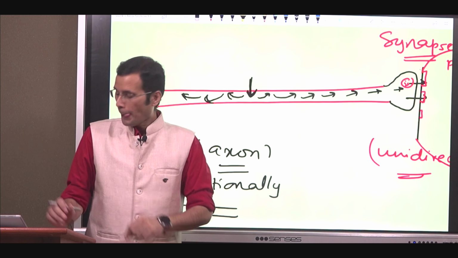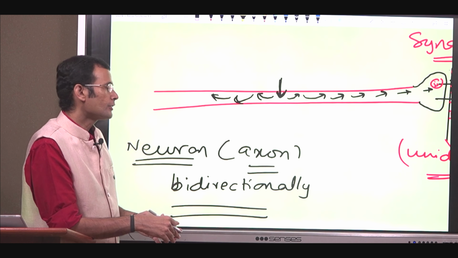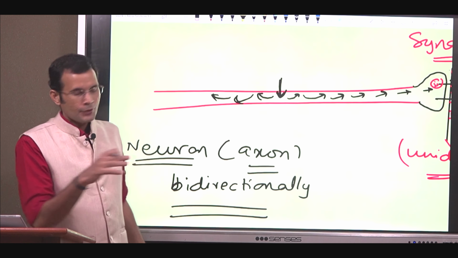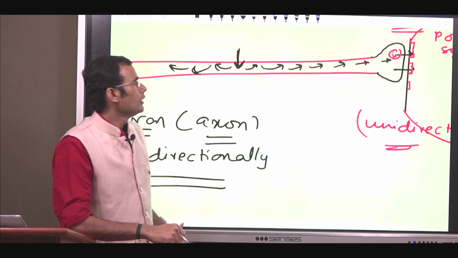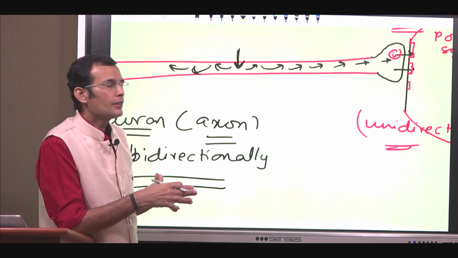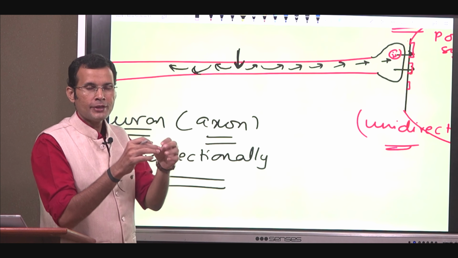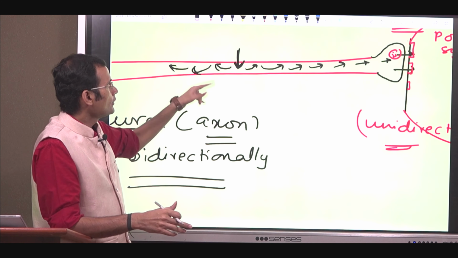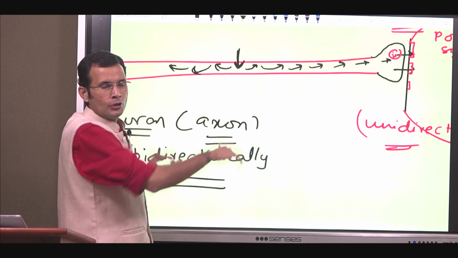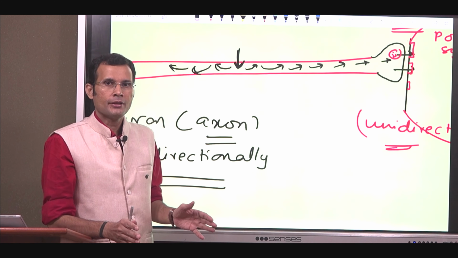Now coming to the last pair of terms, orthodromic versus antidromic. Look, just now we've seen that in a nerve fiber, if you stimulated that nerve fiber in the middle, then the impulse can go in both the directions, and therefore we use the term bidirectional.